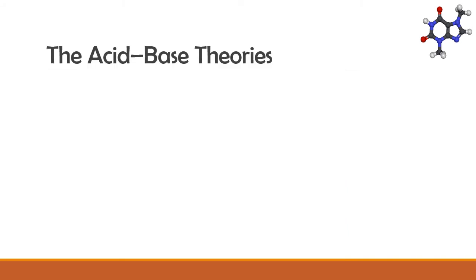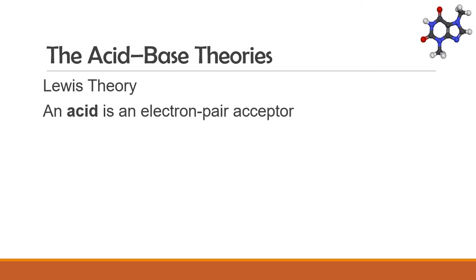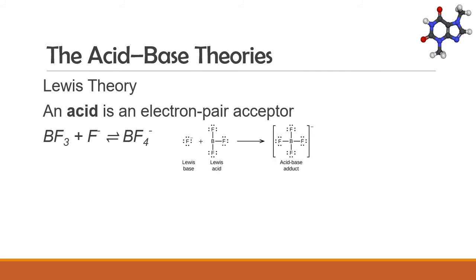Finally, we go to Lewis' theory. Lewis defines an acid as an electron pair acceptor. In this reaction, boron trifluoride reacts with the fluoride ion to produce boron tetrafluoride ion. We can show the Lewis dot structures of this reaction to get a better understanding of the reaction.